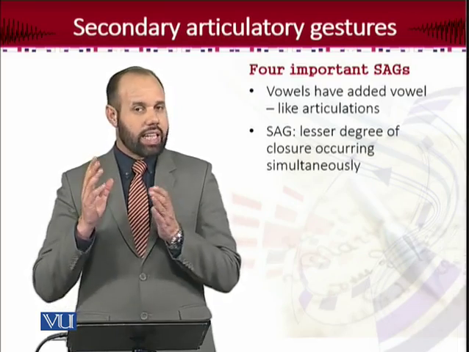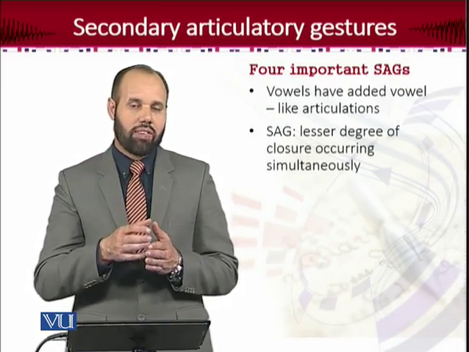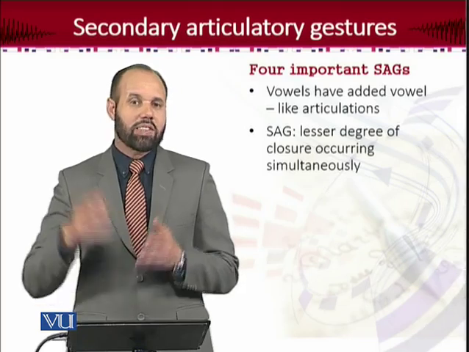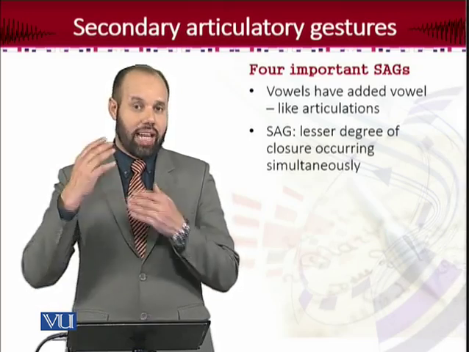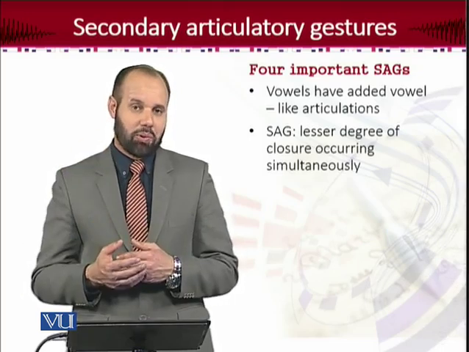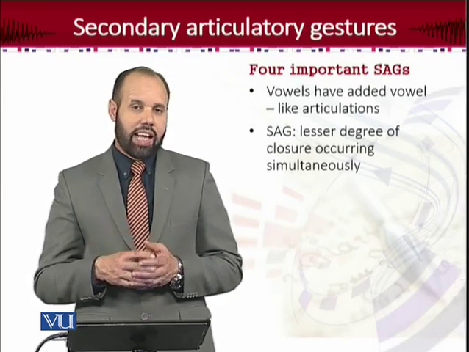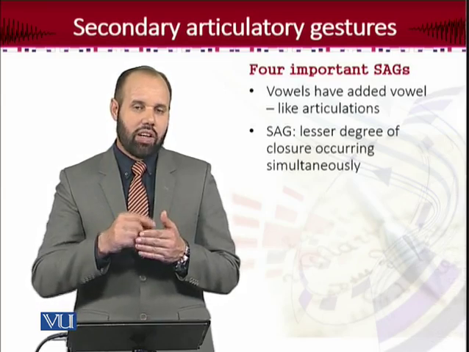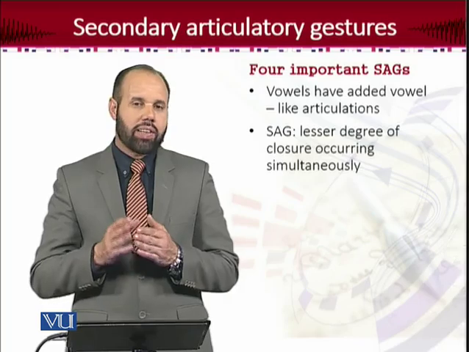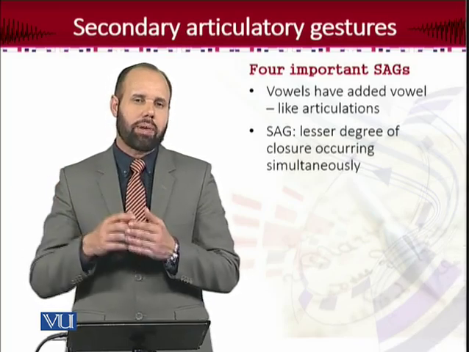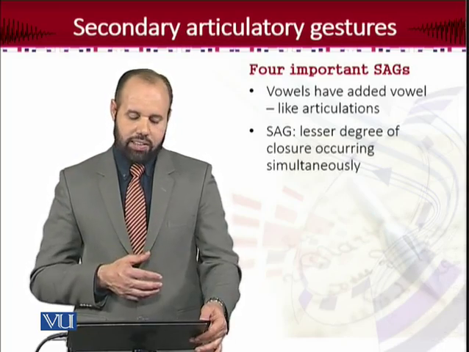A secondary articulatory gesture is always based on a lesser amount of articulation, less than 50% of the articulation, and it takes place somewhere other than the primary place of articulation. The primary articulation is where the sound is actually produced, but the secondary articulation is when something additional to the primary articulation takes place somewhere else in the oral cavity or nasal cavity, right?